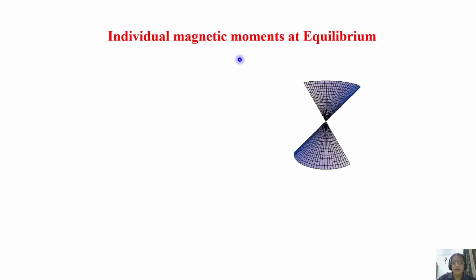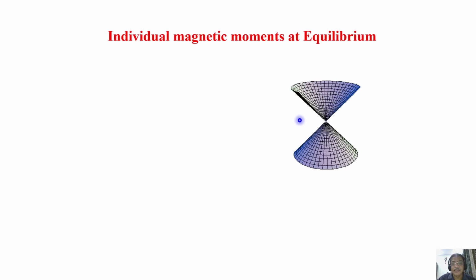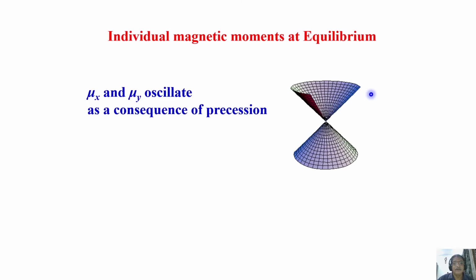There are millions and millions of such individual magnetic moments. They all start precessing like this, and they precess like a cone because each makes an angle with the direction of the magnetic field. So even in the thermal equilibrium condition, if I look at individual magnetic moments, they are not static. They are undergoing precession like this.